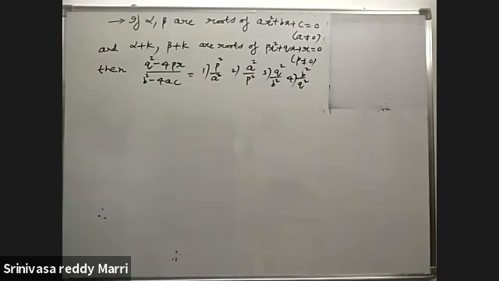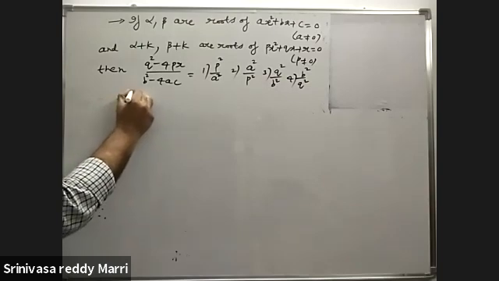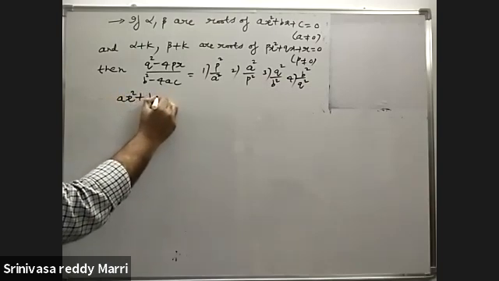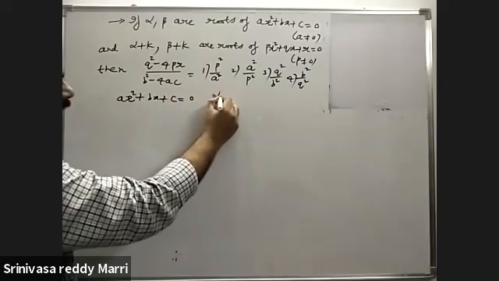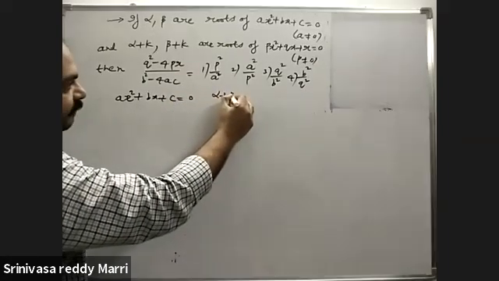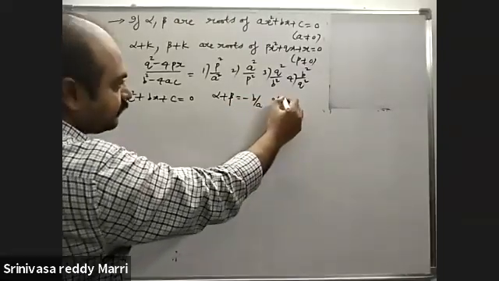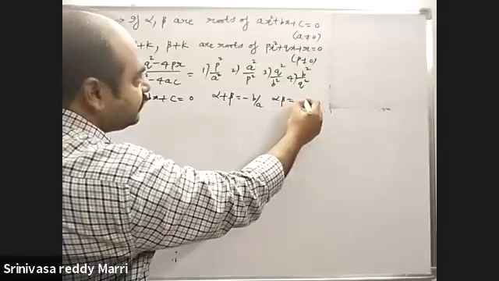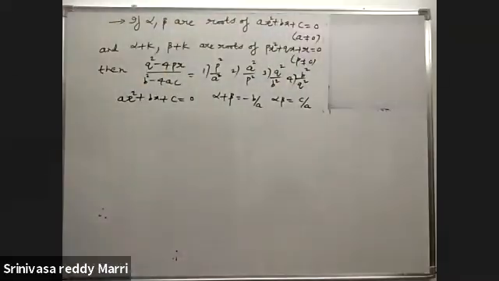Now look at it. Alpha, beta are roots of this equation. So first, look at the approach. Alpha, beta are given. Alpha plus beta is what? Minus b by a. Alpha beta is what? C by a. Relation between the roots.